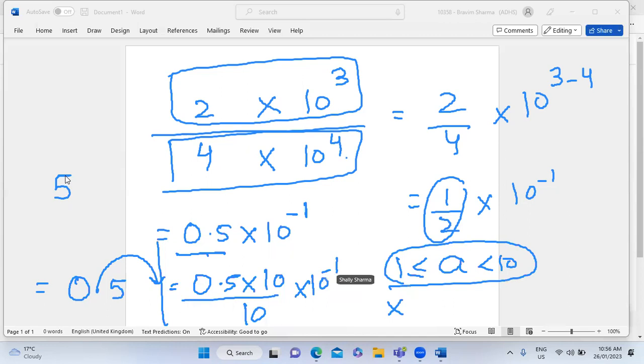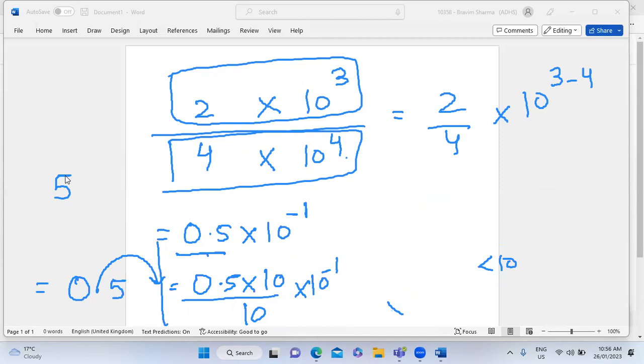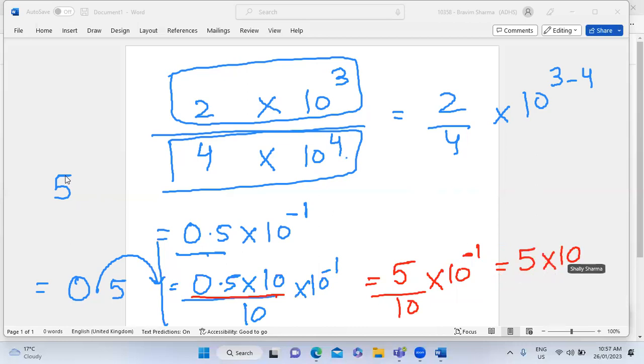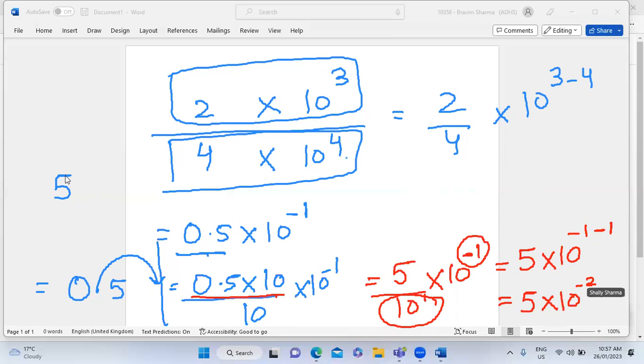Now 0.5 times 10 will give rise to 5, divided by 10 times 10 to the power of negative 1, which means it is equal to 5 times 10 to the power of negative 1. And because this is in the division, 10 to the power of 1, this is again minus 1. So we are going to get 5 times 10 to the power of negative 2. So now our number is in the standard form. This is the final result.